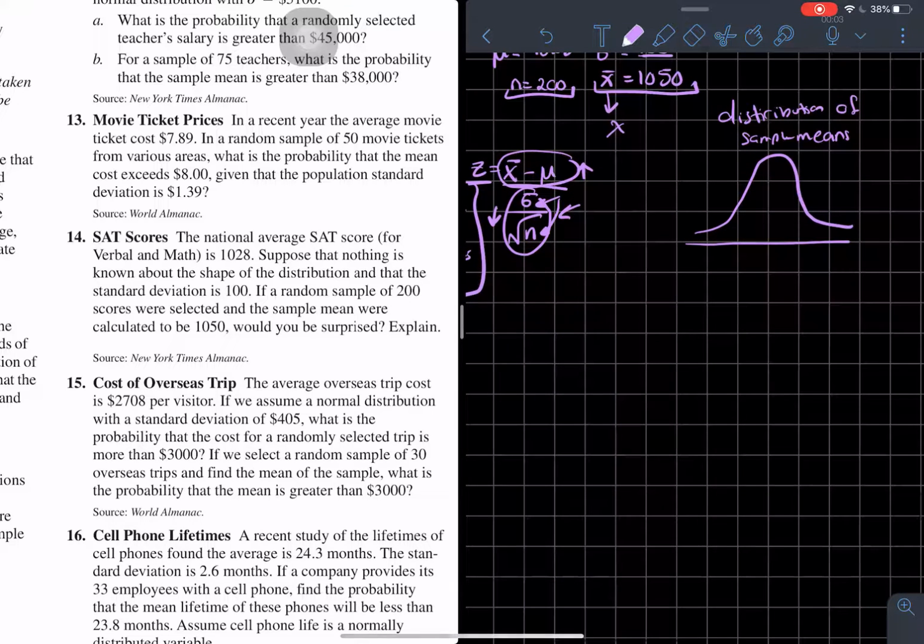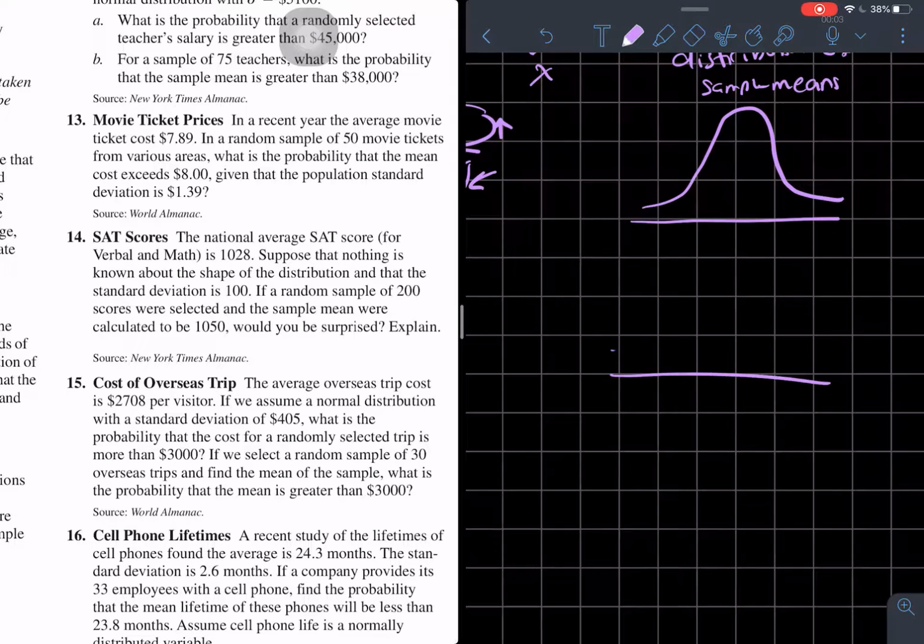But this is what happens. When you have a distribution of sample means, it's not as nice and neat as a regular data distribution. It goes up really fast and comes down. It's very concentrated in one area is what I'm trying to say. There is some variance, but it's not as big.